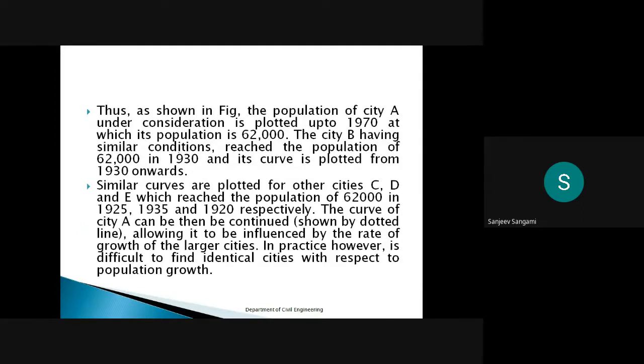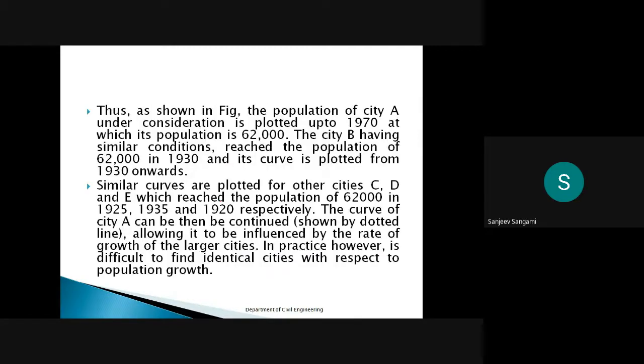Let's see an example. This is the curve, you can see that. We have the 1940 population for city X. In the figure, the population of the city A under consideration is plotted up to 1970.